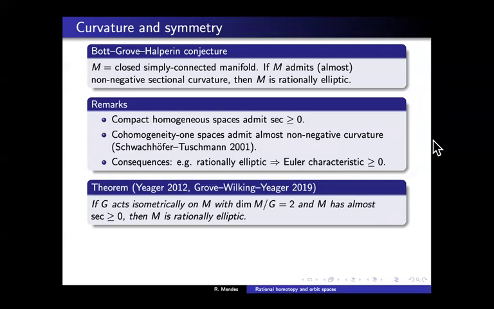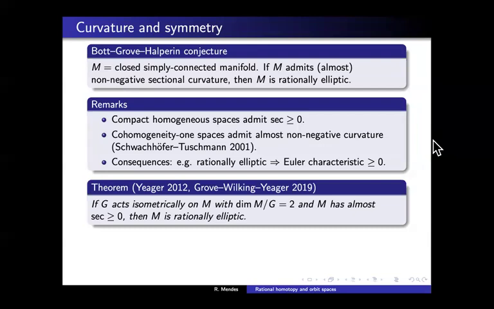This looks at the case of cohomogeneity 2. Cohomogeneity 0 and cohomogeneity 1 are always rationally elliptic, and they also always admit non-negative or almost non-negative curvature, so there's not much to say there. So the next case to look at would be cohomogeneity 2.